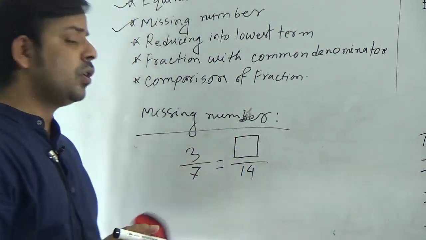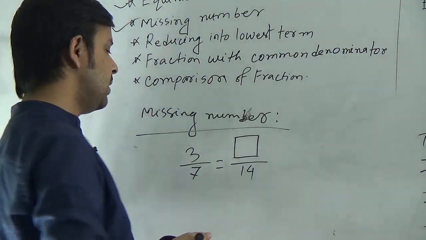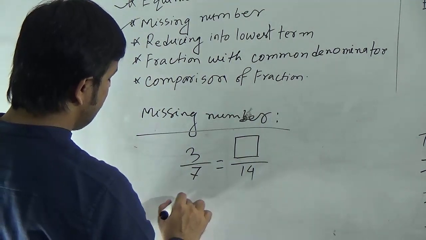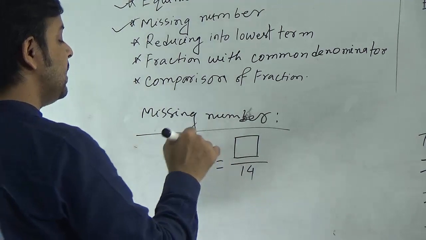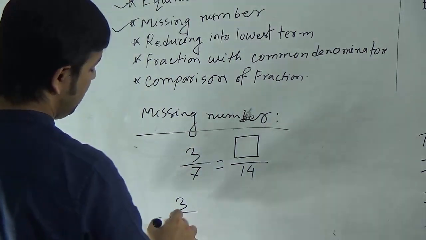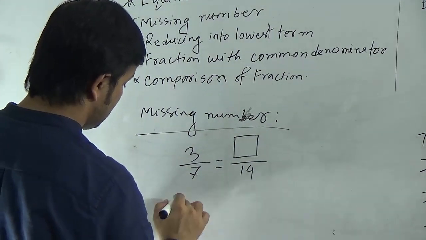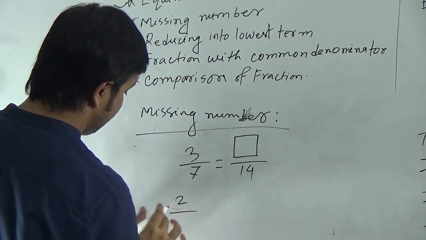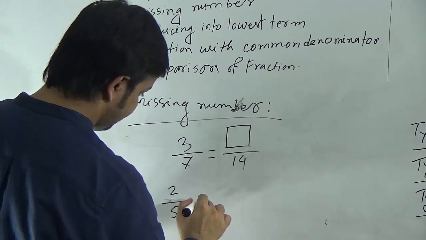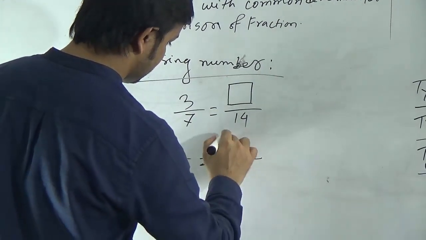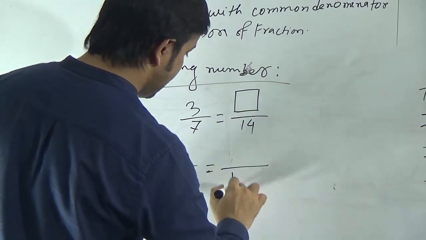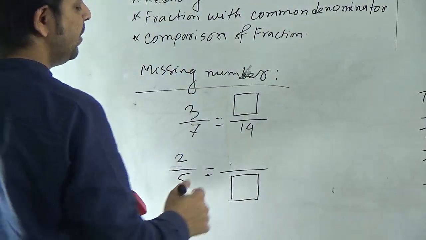This number is known as missing number, or you may have the blank in the denominator also. 2 by 5, a blank may be given in the denominator also.